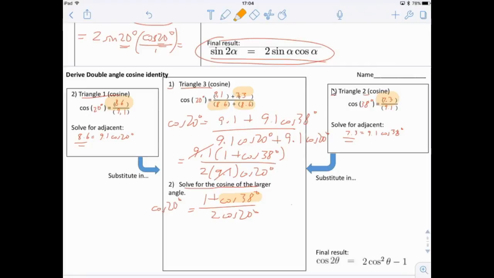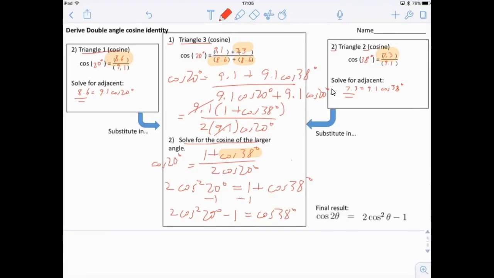So the first thing we're going to do is multiply both sides by 2 cosine 20, and then we're left with this. And then we're going to subtract 1 from both sides. So we're going to get 2 cosine squared 20 degrees minus 1 is equal to cosine 38 degrees.